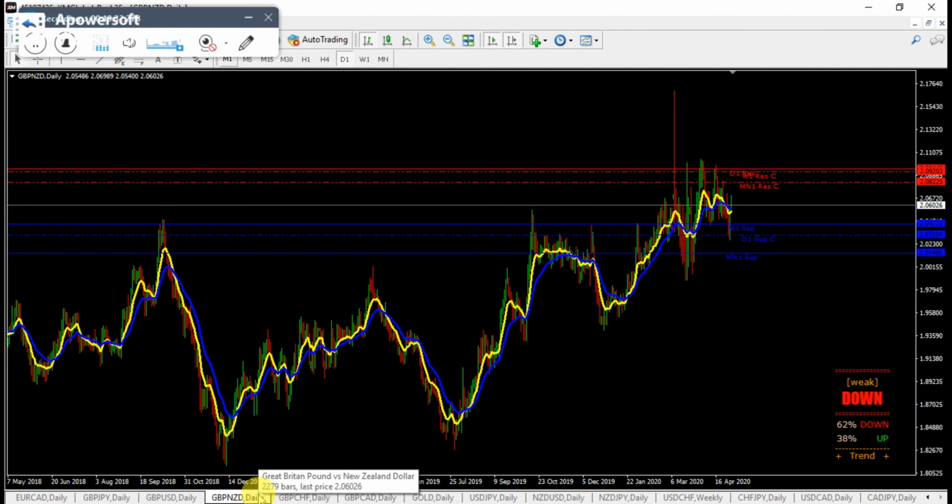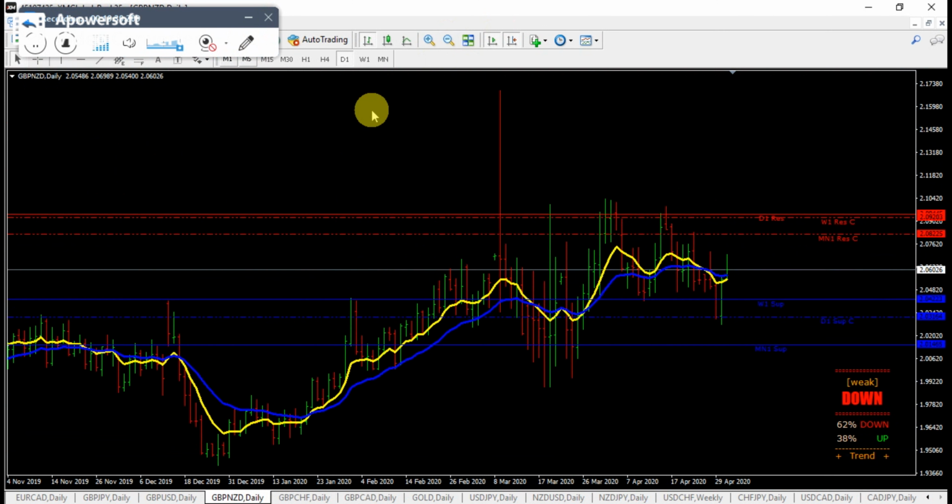But let's move to our next pair, GBP NZD. As I explained when I was doing the analysis of EUR NZD, I'm expecting all the NZD pairs like AUD NZD, EUR NZD, GBP NZD to go down, because they are already very high right now.